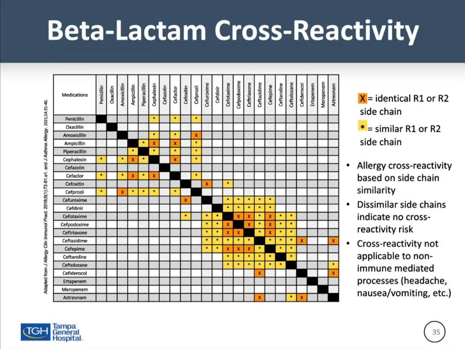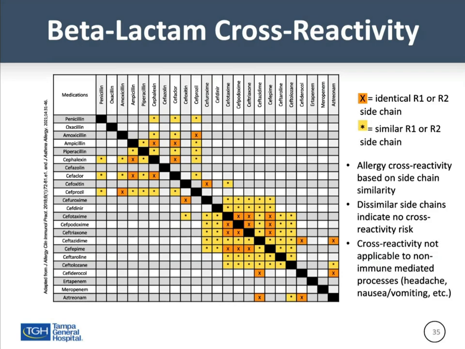The orange boxes with the X are indicating those drugs that have the same R1 or R2 side chain. And then the yellow asterisk boxes are those with similar R1 or R2 side chains. So you can use this table, find which drug they have an allergy to, and then cross-link it with which drug you want to give them.